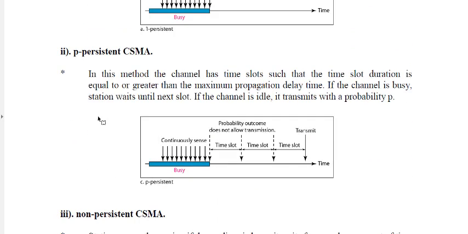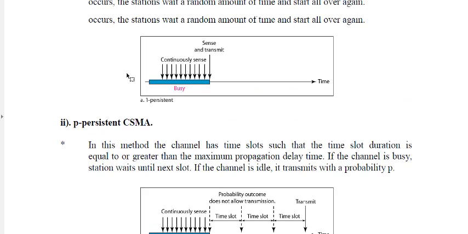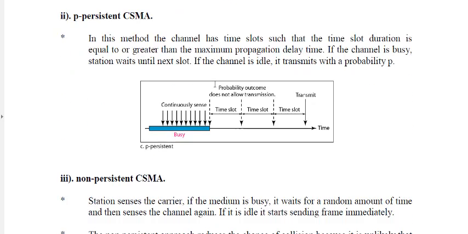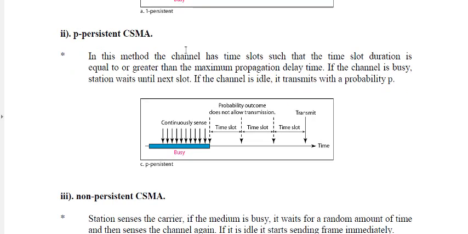When you come to probability persistent, the only difference is this. In one-persistent, the moment the line is idle, it sends the packet. But in P-persistence, it also persistently senses the carrier, and even when the carrier gets to the idle state, it won't send the packet immediately. It waits for some probability of time. Of course, there are certain algorithms to identify this probability value.